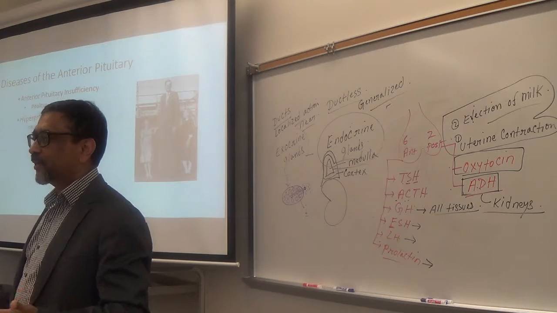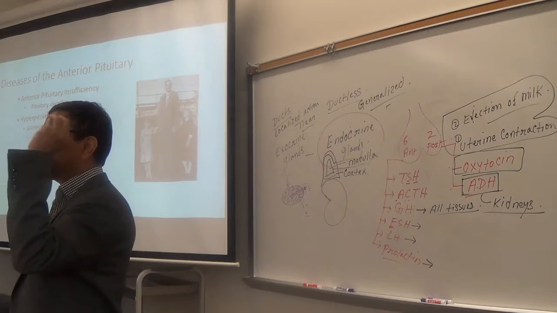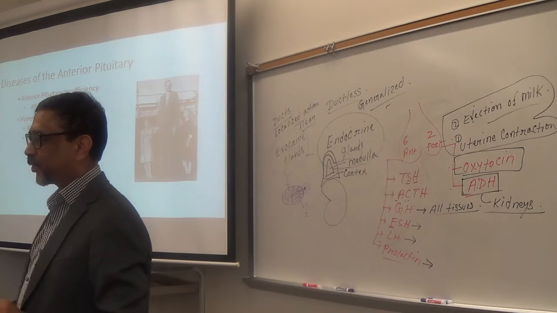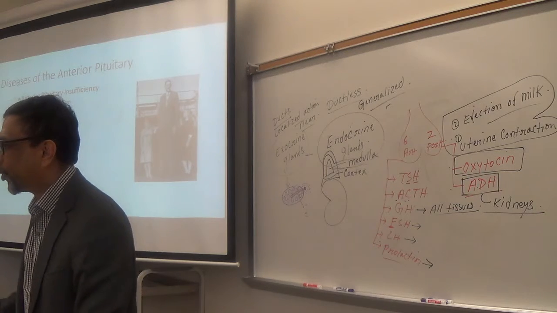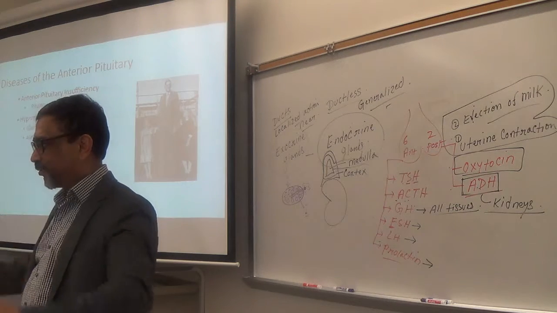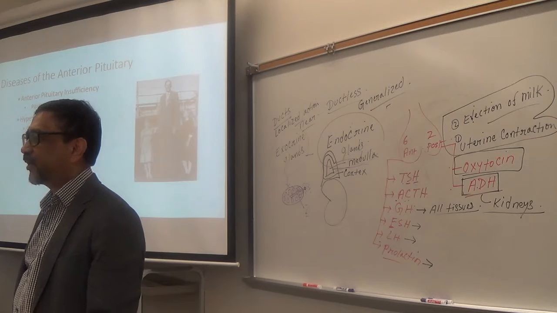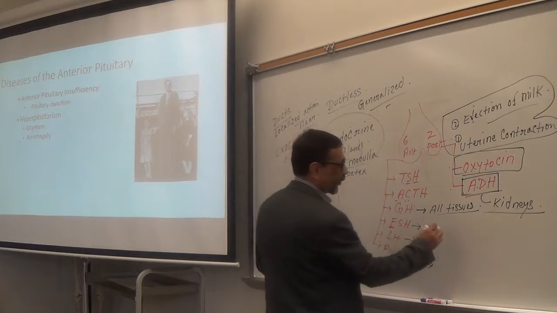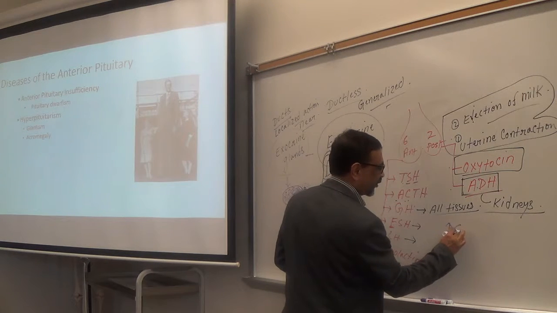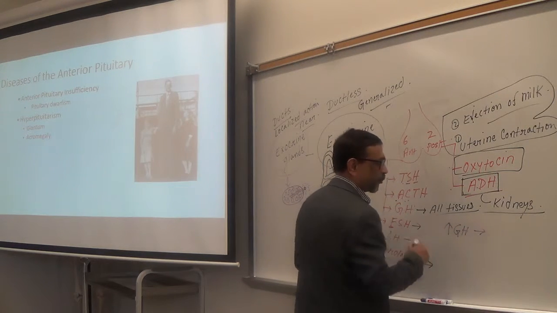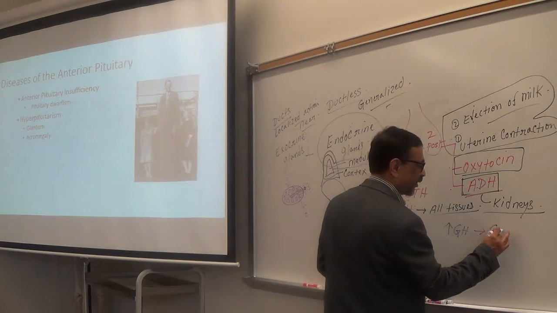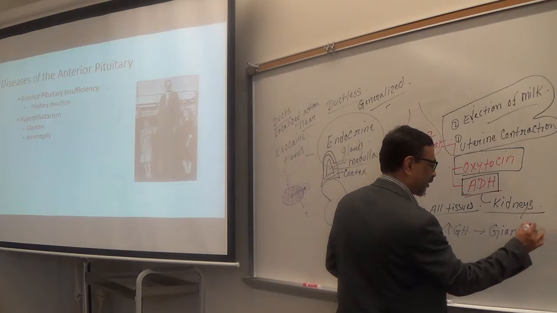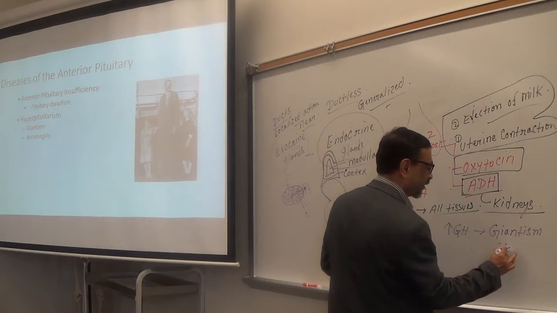Now, if someone's pituitary produces too much growth hormone, then what will happen? The body will grow big, fast, right? So that is called giantism or gigantism. Increased growth hormone production will cause giantism or gigantism, same thing.